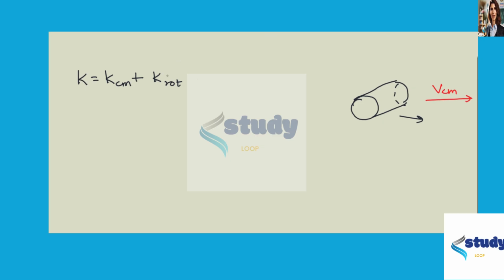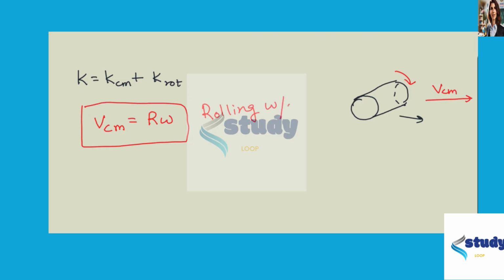And then we have a rotational kinetic energy since the cylinder is rolling without slipping. Also, for an object that is rolling without slipping, we set a definition that the velocity of the center of mass is equal to r times omega. So this is just when we have a condition of rolling without slipping.